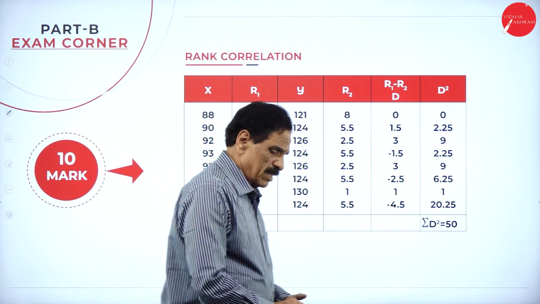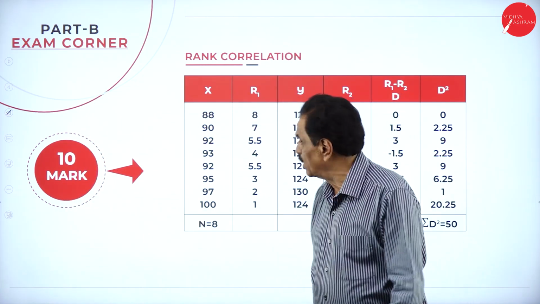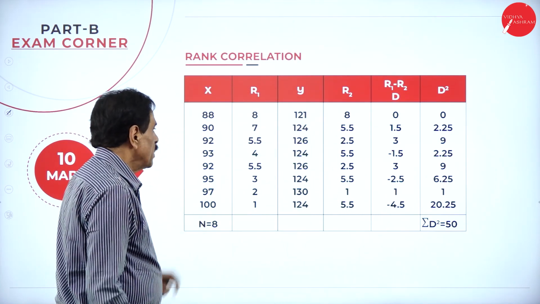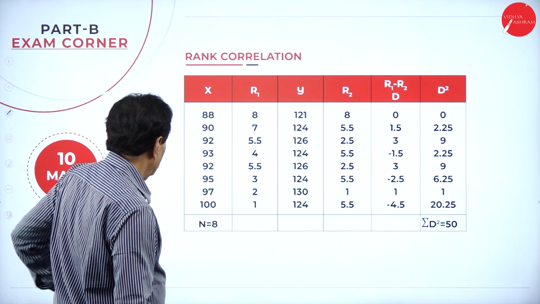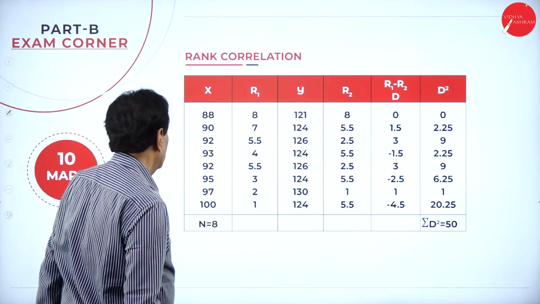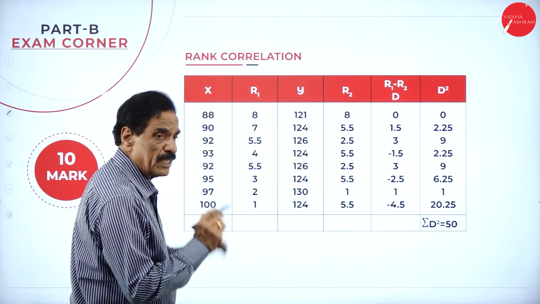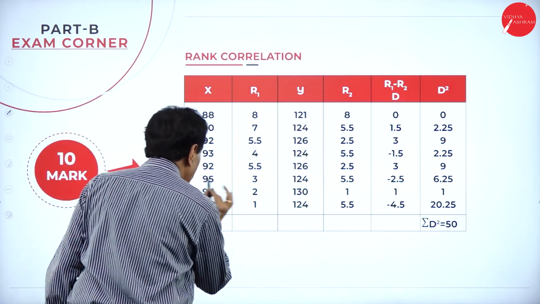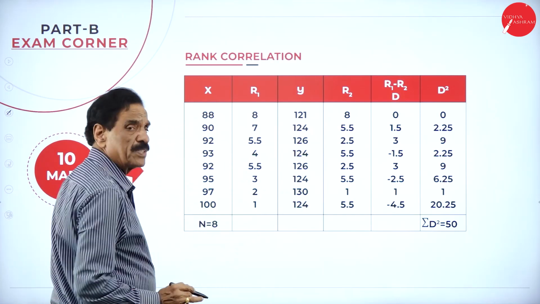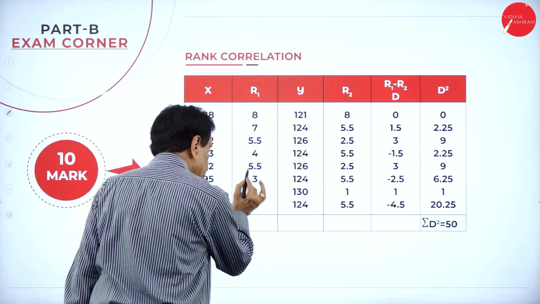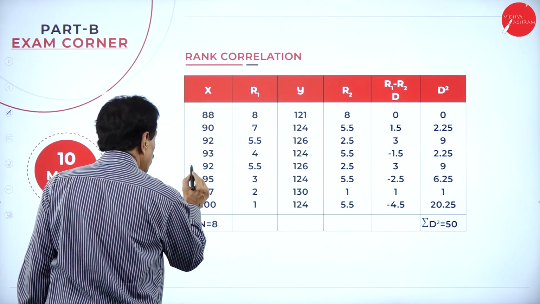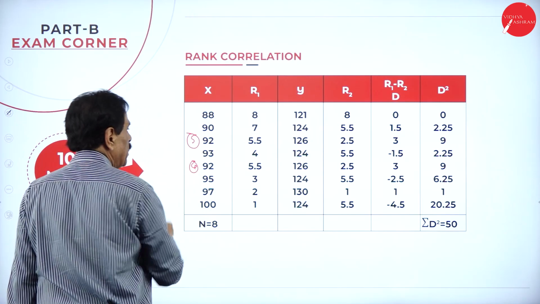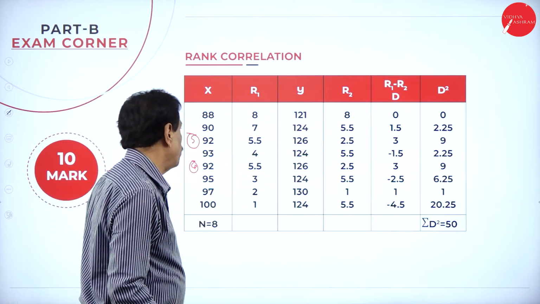Here, if the regression equation is given like this, then rank correlation we say. In rank correlation, when the numbers are given, we find which is the highest. In the X series, 100 is the first rank, 97 is the second rank, 95 is the third rank, and 92 is the fourth and fifth rank, so it becomes 4.5 and 5.5.